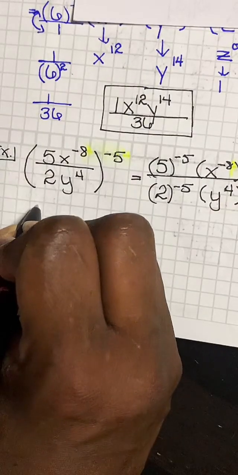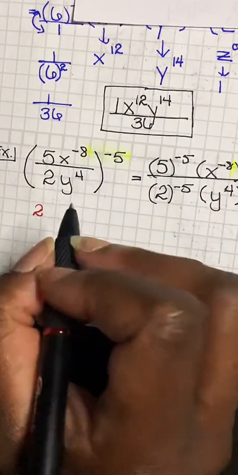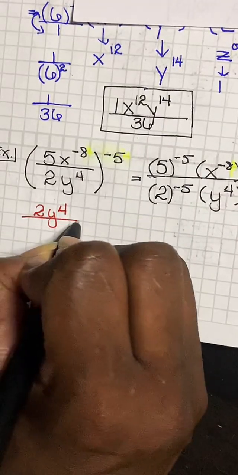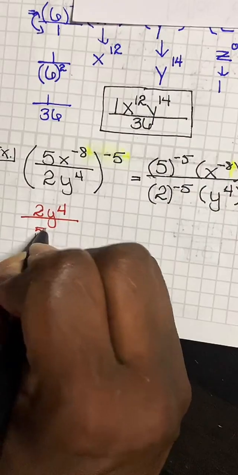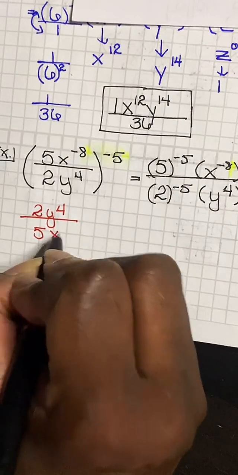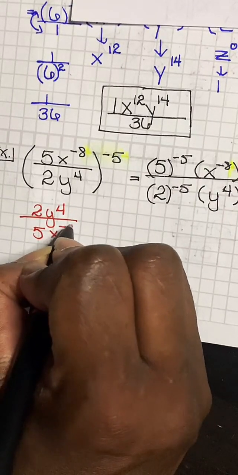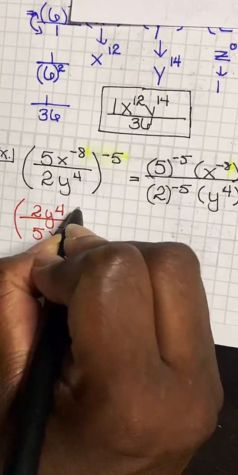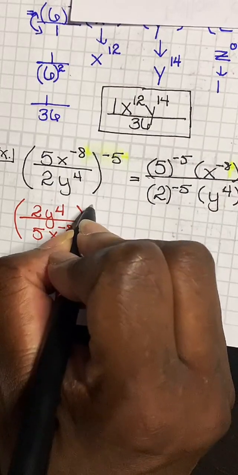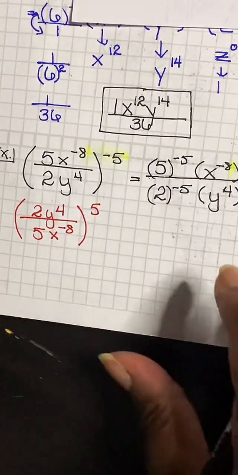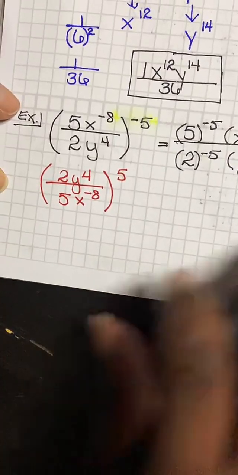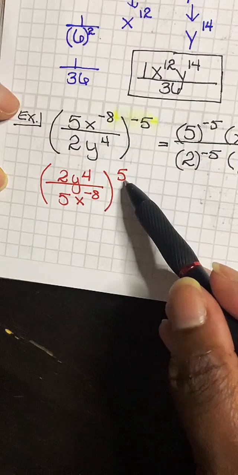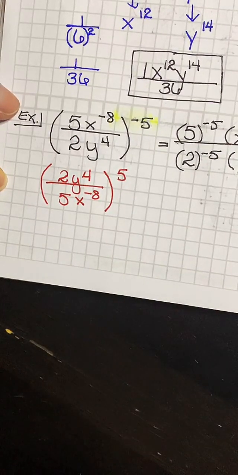So that means my 2 and the y to the 4th is going to be the numerator. And my 5 and my x to the negative 8 is going to be in the denominator. The only thing that changes is the negation of the 5. Okay, we have to flip everything inside the parenthesis, but we're making this exponent a positive.